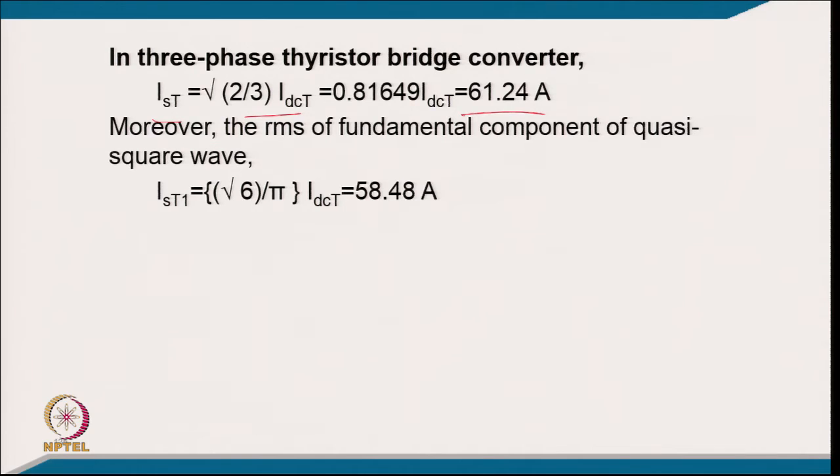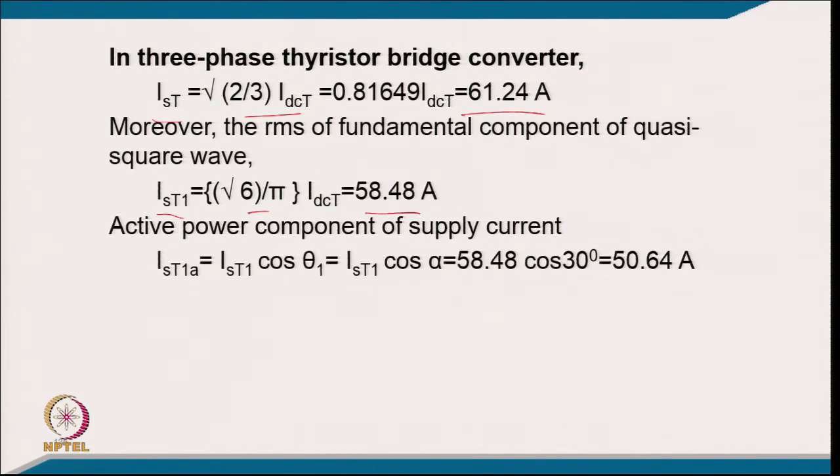The RMS fundamental component of the quasi-square current IST1 is root 6 by pi into IDCT, so this becomes 58.48 ampere, and the active component of the thyristor converter input current is ISTA, that is IST1 cos alpha, and putting the values for alpha and current, this comes to 50.64 ampere.